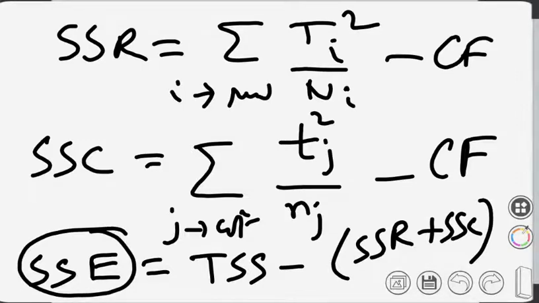We can find TSS, we can find SSR, we can find SSC, and SSE will be found by subtracting. Okay. So now we have the formulae. Now we will go back to the values table and calculation. We will calculate.